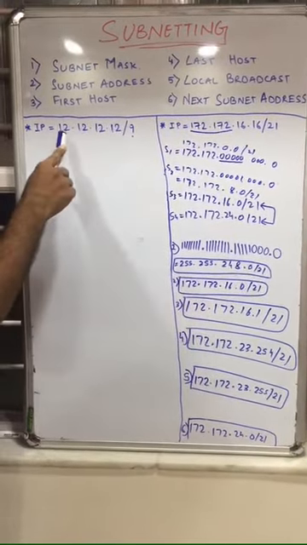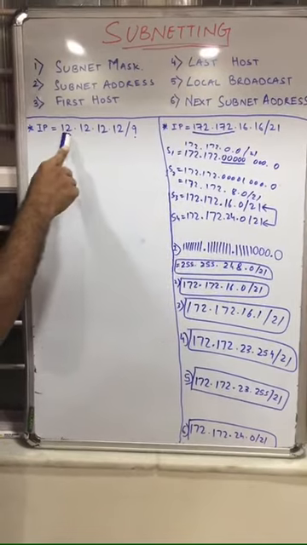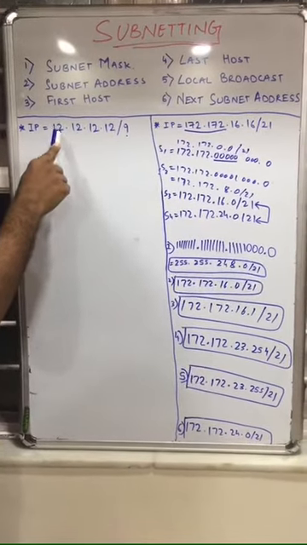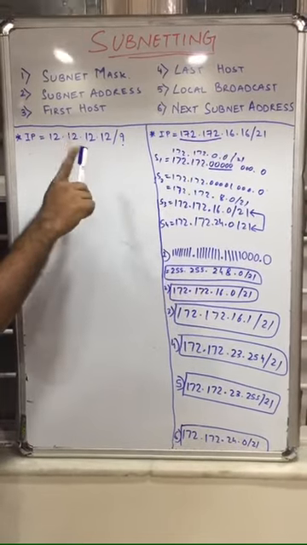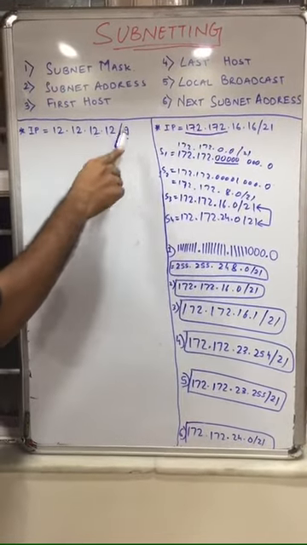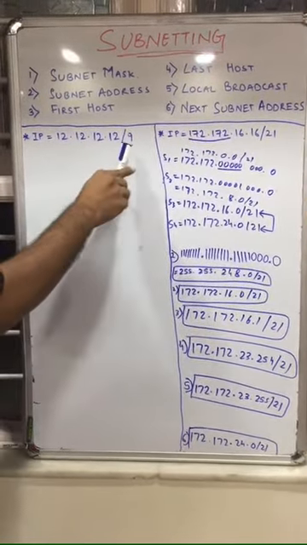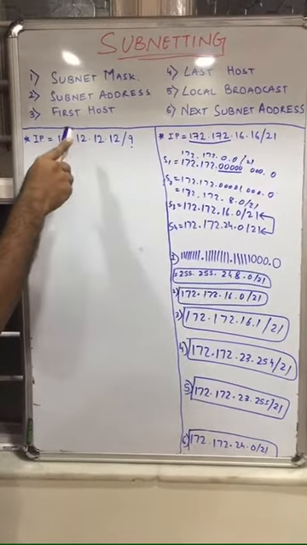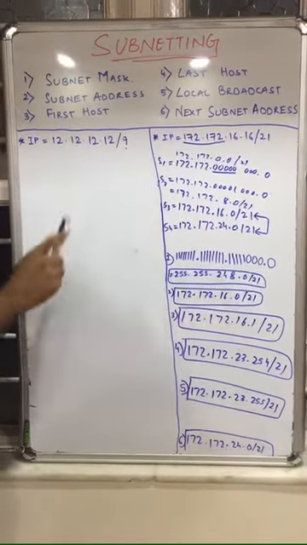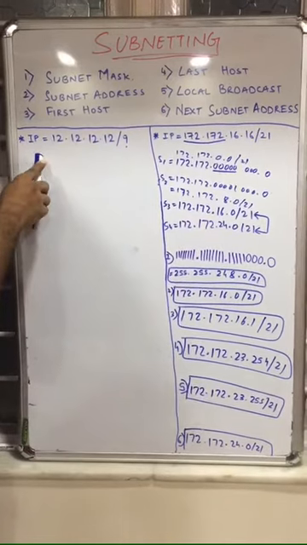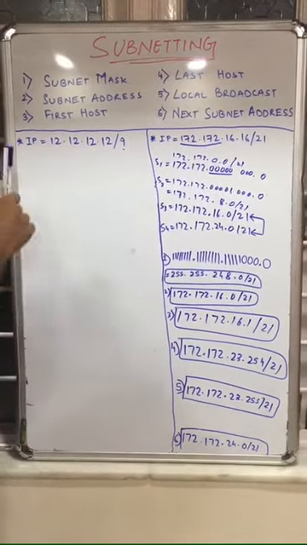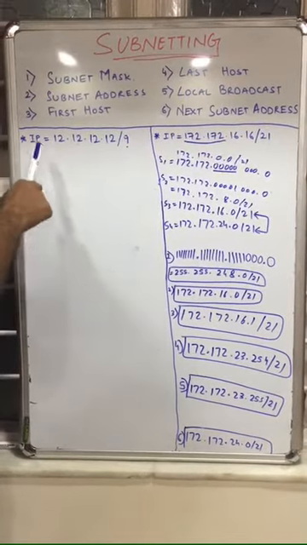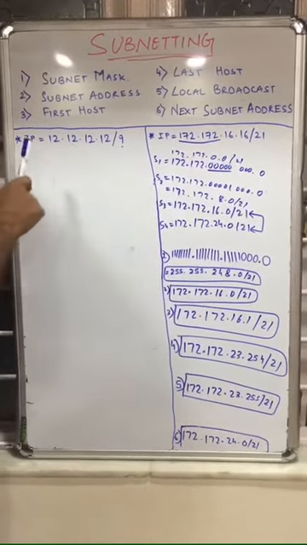So the first 8 bits will remain as they are, and from the next 8 bits we would be borrowing 1 extra bit to complete it as 9. Also remember that whenever we have to solve an IP addressing or subnetting example, we have to work in ranges, which are known as subnet ranges. So let us find out what our subnet range will be in this example.